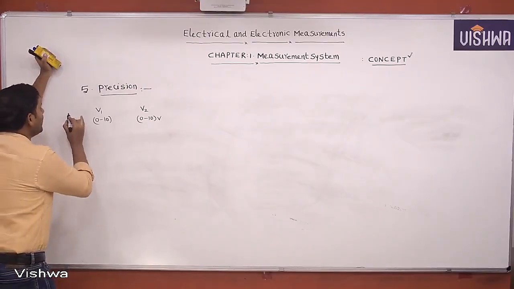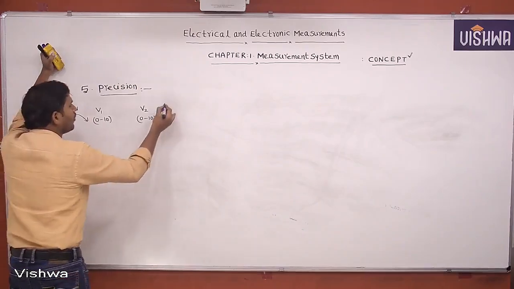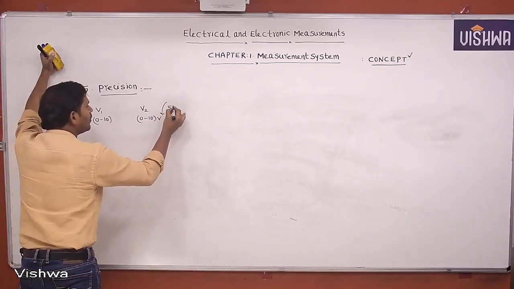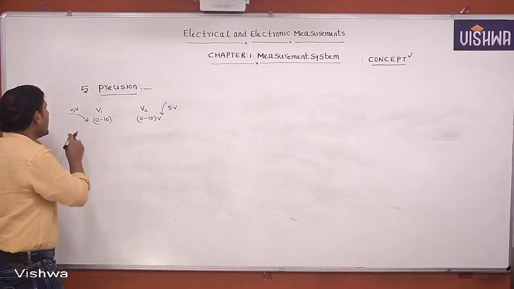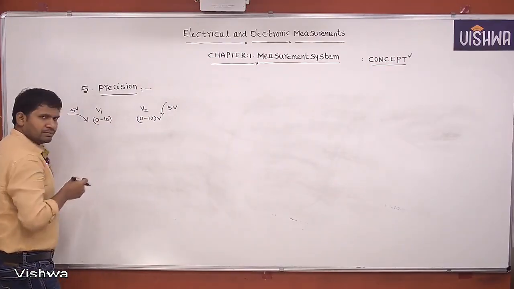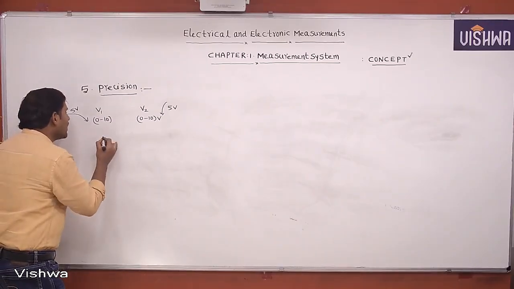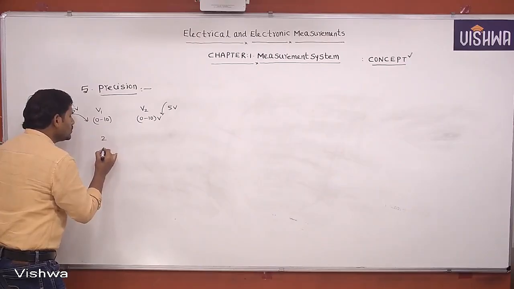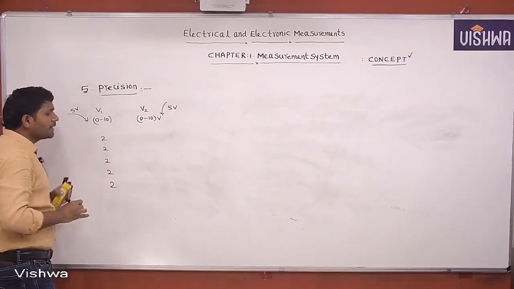For this voltmeter we are giving 5 volts input, and for the other voltmeter also we are giving 5 volts input. This 5 volts input I gave 5 times, repeatedly. Then 5 times I am getting the readings like this: 2 volts, 2 volts, 2 volts, 2 volts, 2 volts.